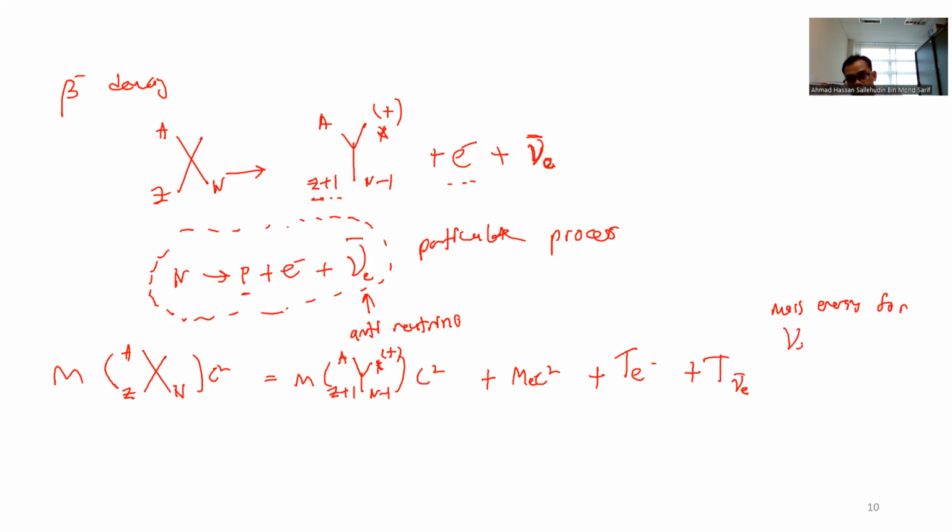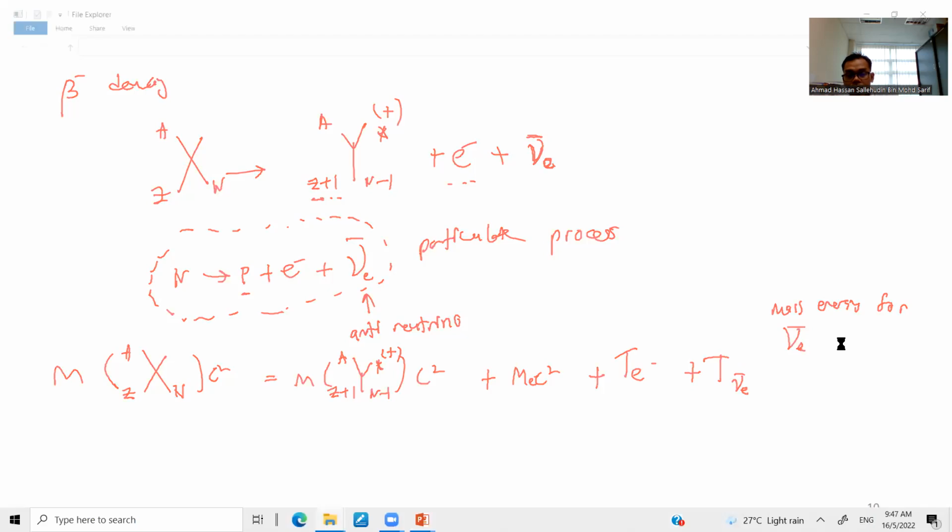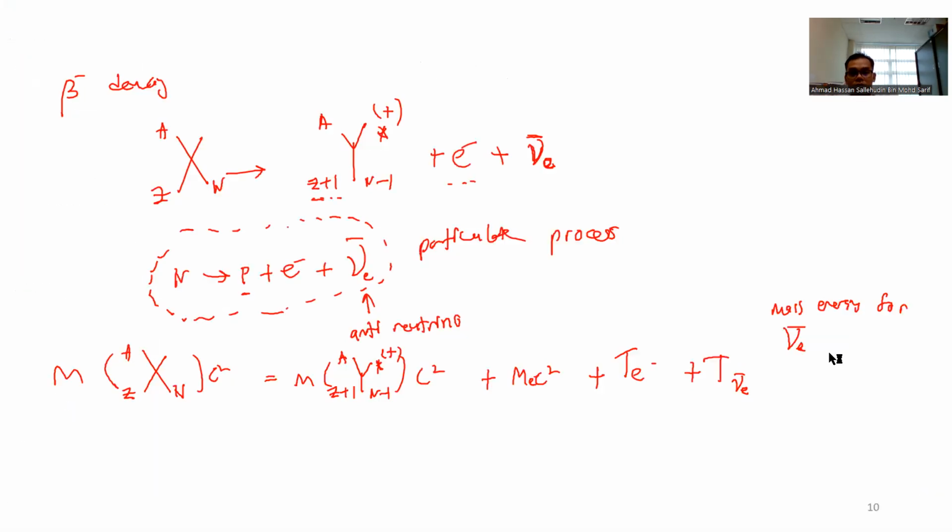The mass energy of the antineutrino can be neglected, because it is too light.